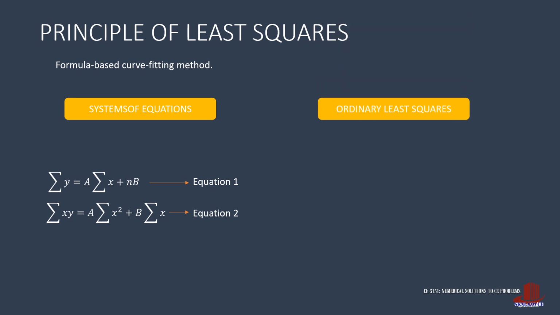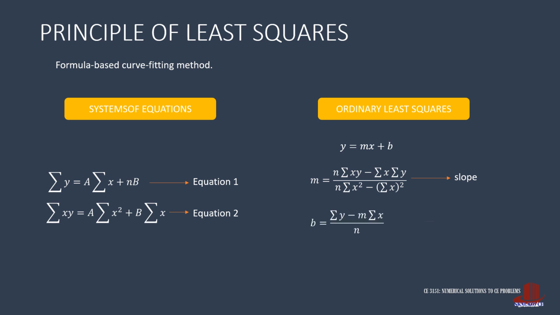The second approach is named ordinary least squares, and the best fit line literally uses the function y is equal to mx plus b. M, or the slope, is solved with the function n times the summation of xy less the product of the summations of x and y. All of this is divided by the binomial having n times the summation of x squared less the square of the summation of x.